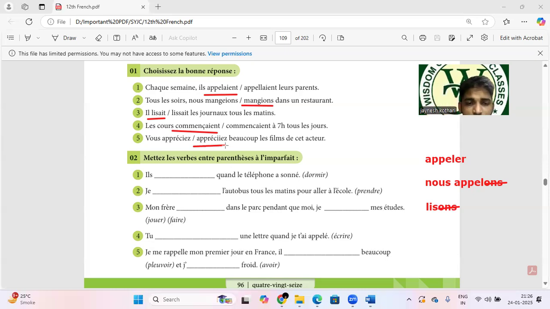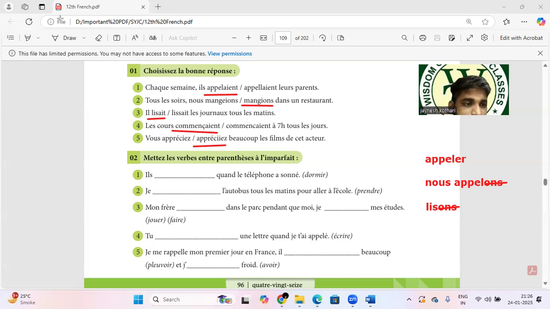You used to appreciate a lot the films of this actor. Okay, students, so I'm assuming everybody must already be having all the answers. The important part is to learn the vocabularies, learn the English translation. You should be able to identify the sentence properly. हर एक वर्ड आपको समझ में आना चाहिए.